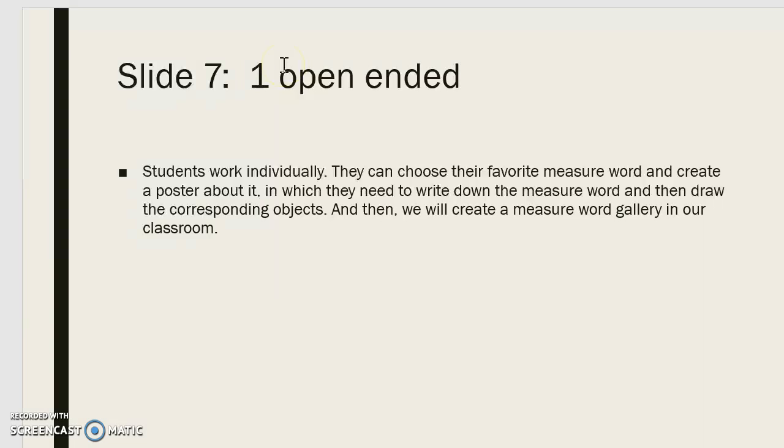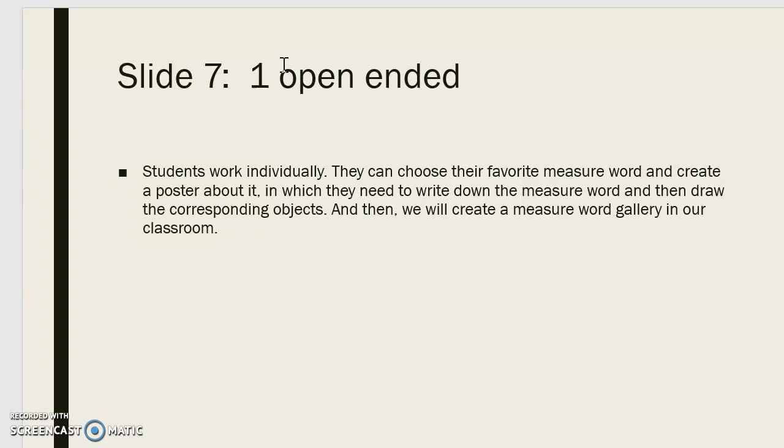And last, for slide 7, that is open-ended practice, I will let students work individually, so they can choose their favorite measure word, and they are going to create a poster about it. On this poster, they are going to write down the measure word they choose, and draw the different objects that we can use with this measure word.